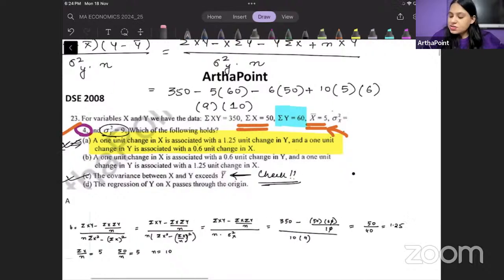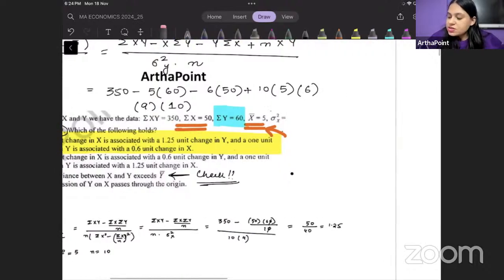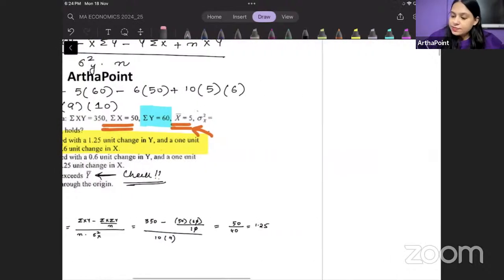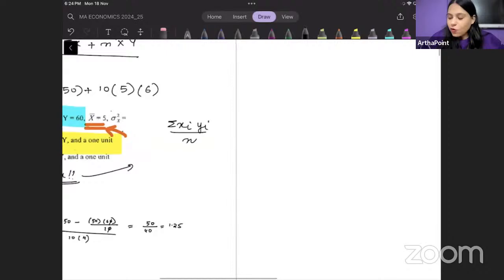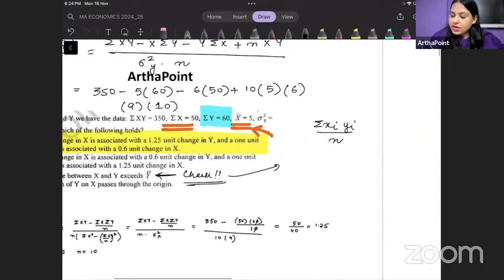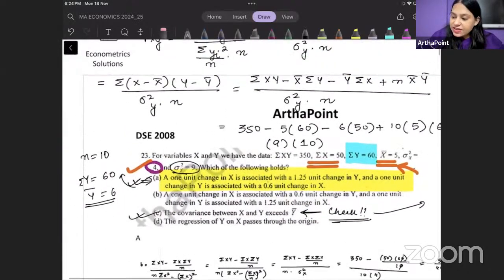What is the covariance between x and y? The covariance between x and y will be summation small xi yi by n. Isn't it? Again, you have already solved for the numerator. Summation xi yi is this. Right? So every option is linked. एक बारी अगर आपने पूरा solve कर लिया, then you don't have to solve again and again.